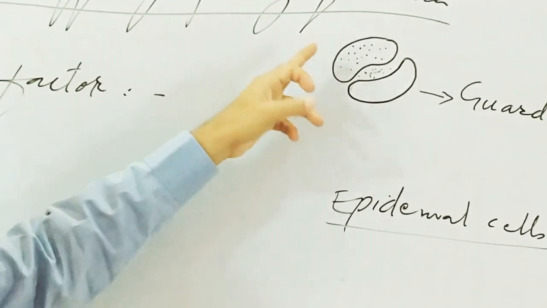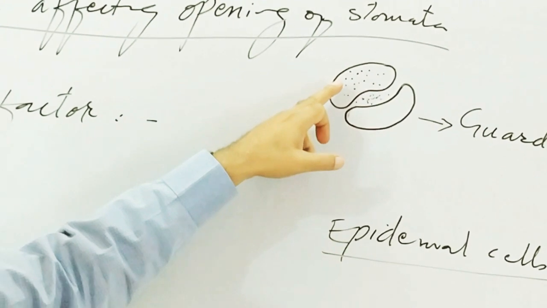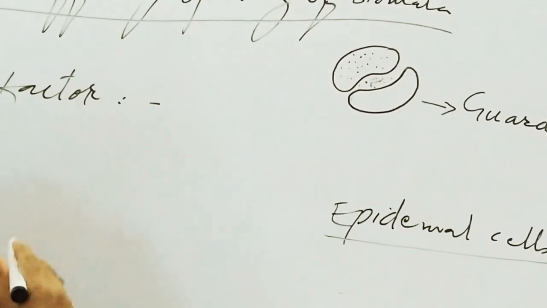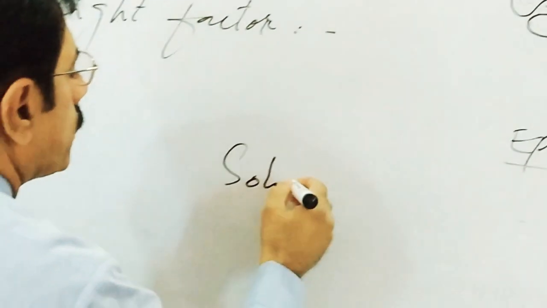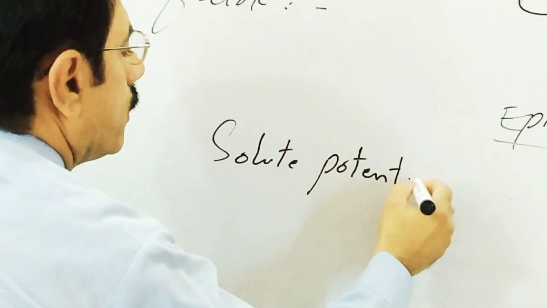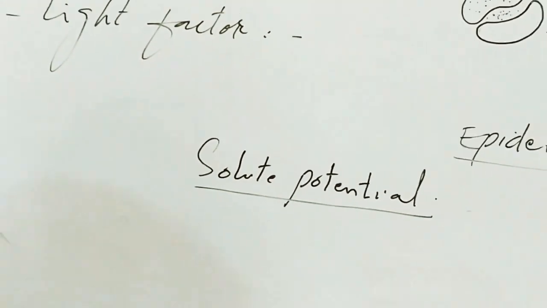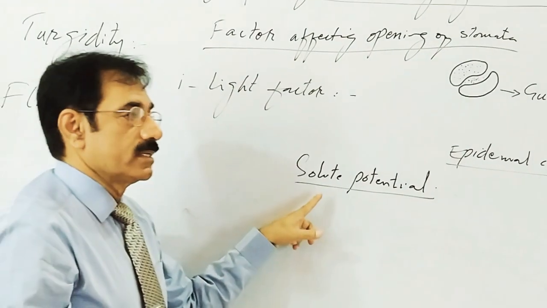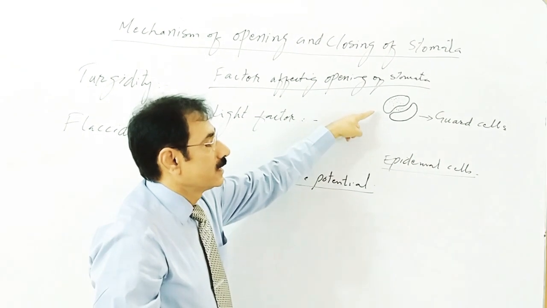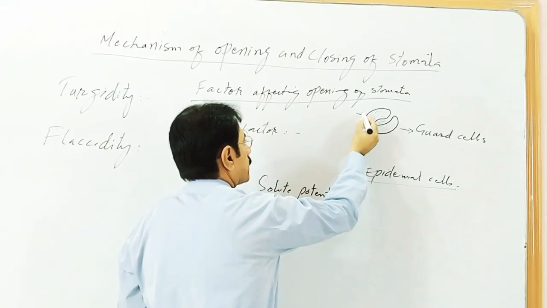When the concentration of sugar molecules increases in the guard cells, it means the solute potential is increased within the guard cells. When the solute potential increases, it means water potential is decreased. In turn, the guard cells absorb water from the neighboring other cells.